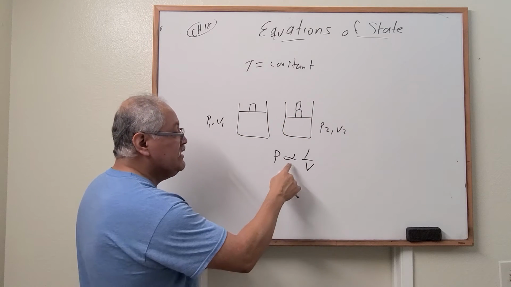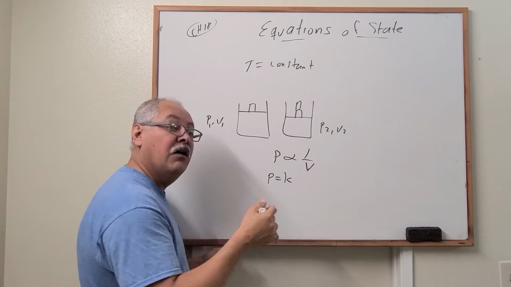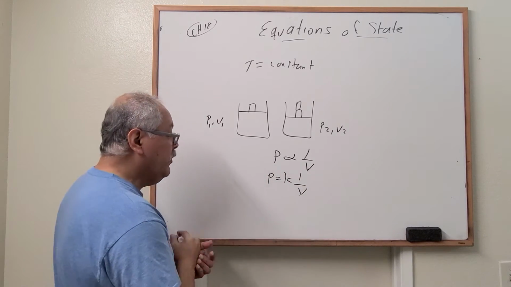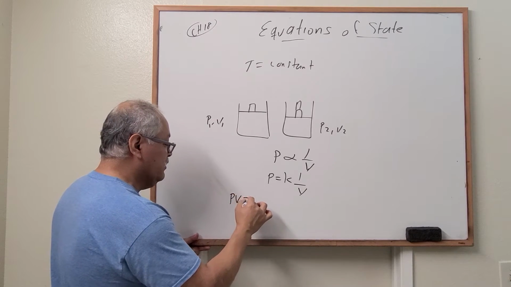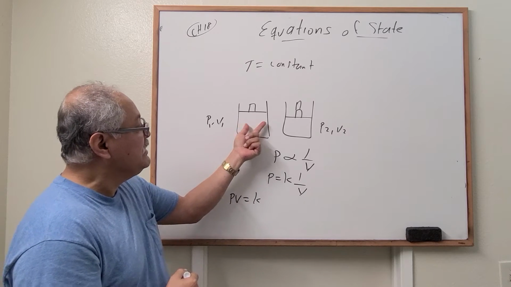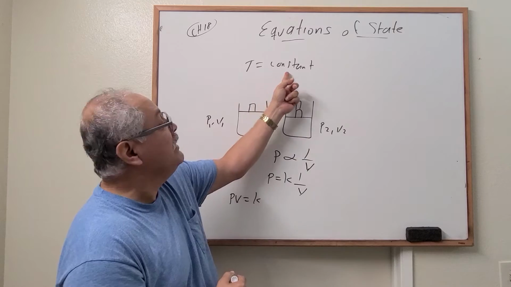Now let's eliminate this symbol, and what do we have? Pressure is equal to a constant of proportionality divided by the volume. Or we can say that pressure times volume is equal to a constant. This product is the same in this state and in the other state, as long as T is constant.